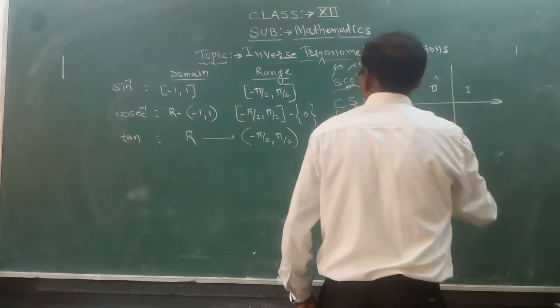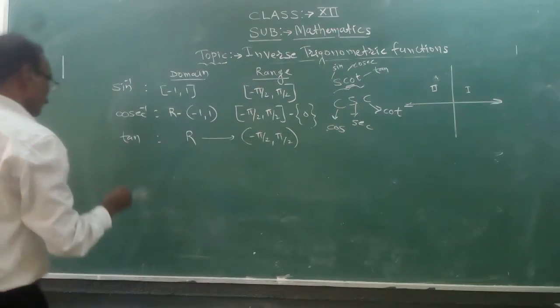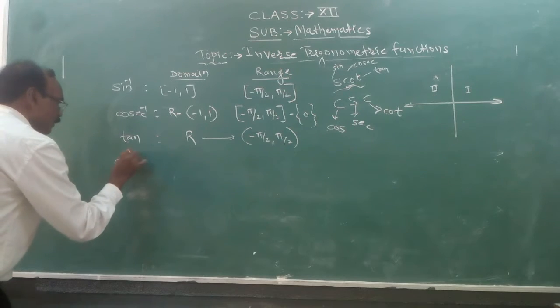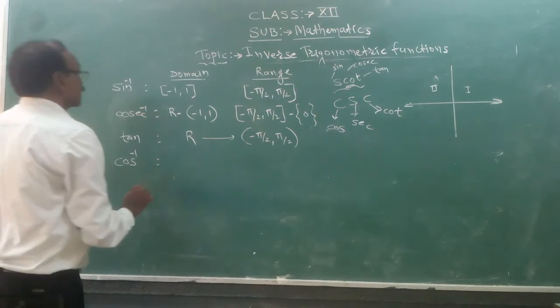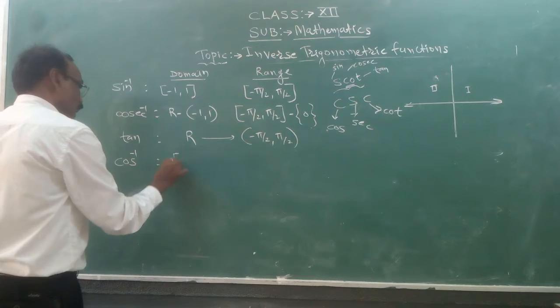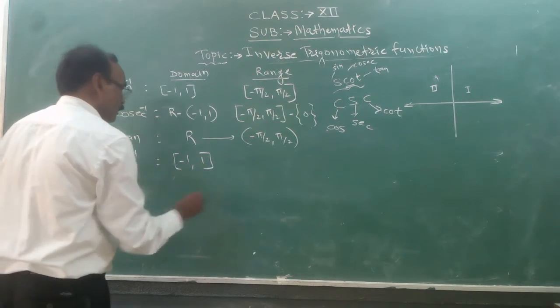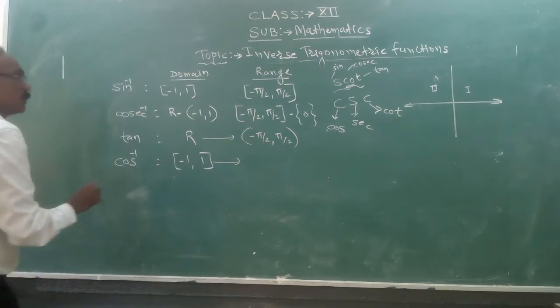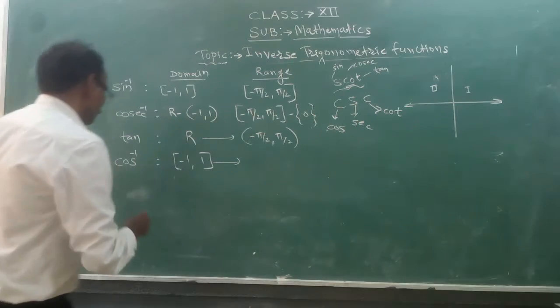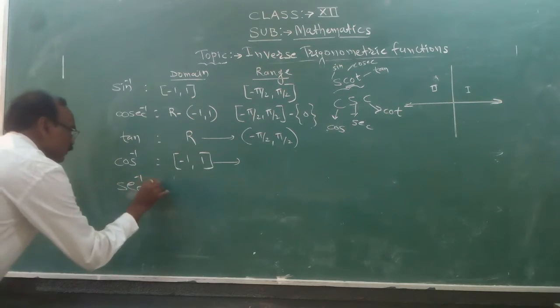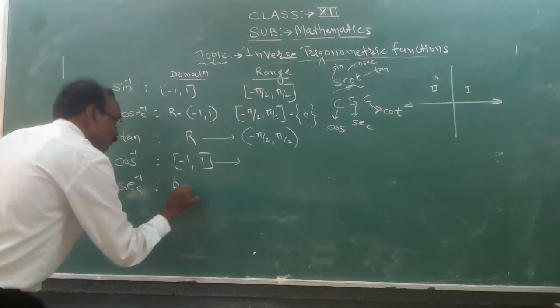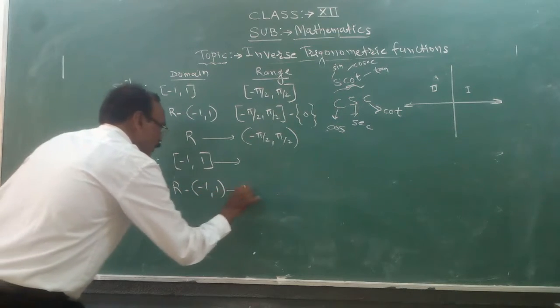So for cos inverse, write the same domain, minus 1 to 1. Next, sec inverse, the same minus 1 to 1.